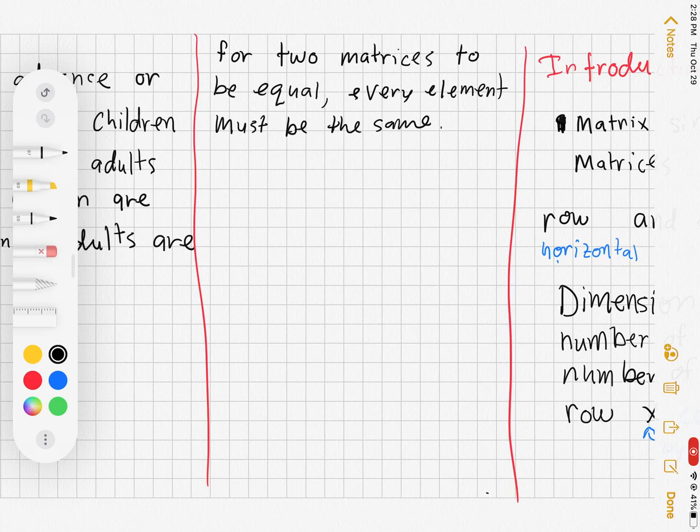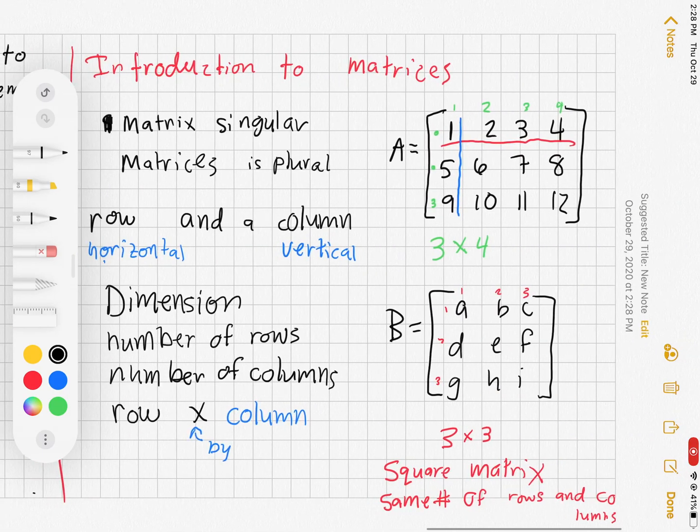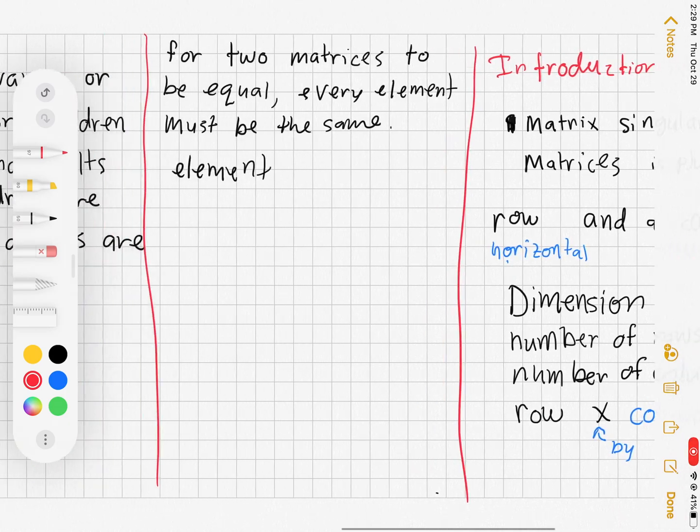What's an element? An element is an individual entry in a matrix. So for example, if you look over here at A, you'll notice that A has a whole bunch of elements of numbers, and B has elements which are letters. We talk about them in this kind of way.